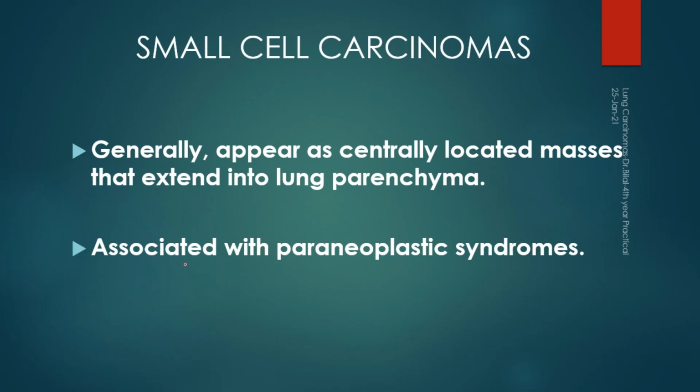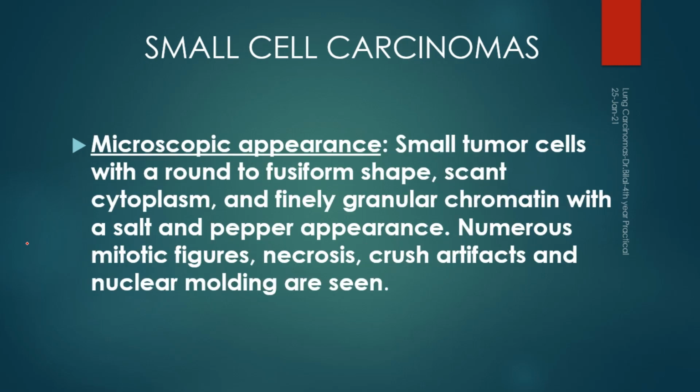An important thing to remember is that they are associated with certain paraneoplastic syndromes. They can give you, in a scenario, different manifestations that vary according to the location, according to the histologic type.